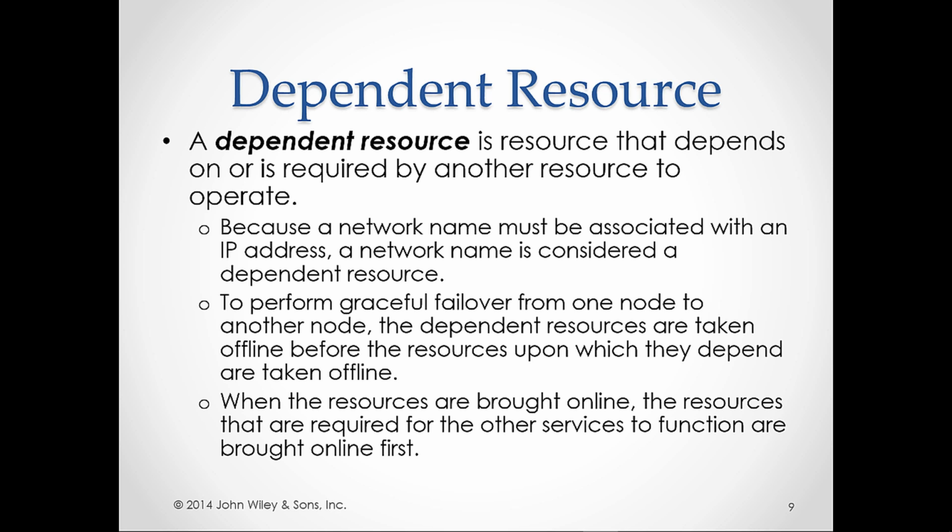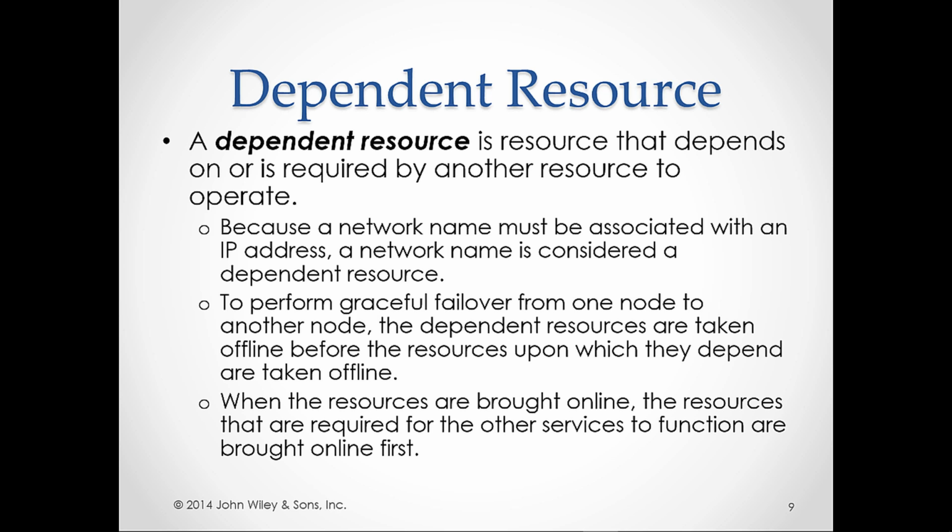Dependent resources. This is a resource that depends on or is required by another resource to operate. Because a network name must be associated with an IP address, the network name is considered a dependent resource, because again, it's dependent on the IP address.